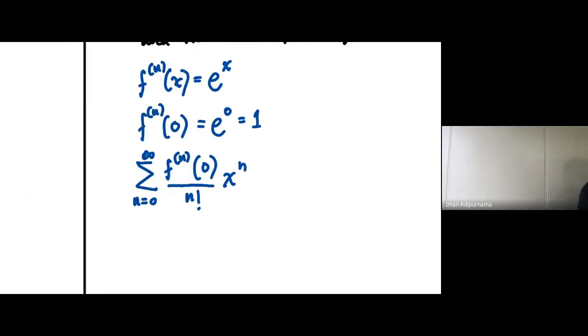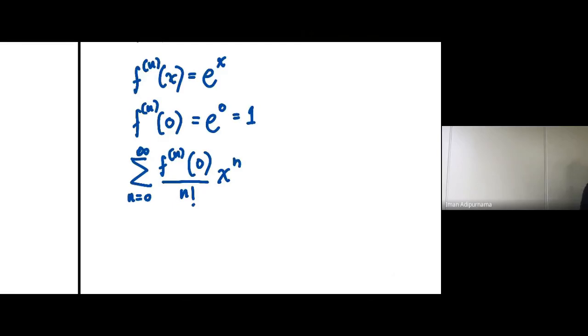Now, because you have this, you may look at the formula from previously, and this will be x to the n divided by n factorial. Or we can look at this as its expansion.